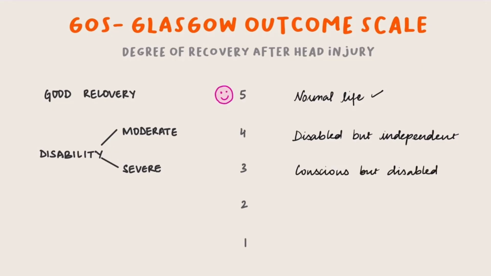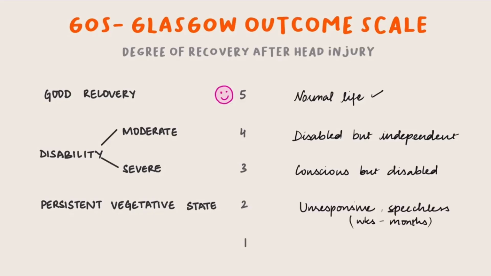We'd give a score of 2 to a person who is in persistent vegetative state. They are a comatose patient and they're unconscious, speechless, and this may last for weeks or months, sometimes even years. The worst outcome on the Glasgow outcome scale is given a score of 1, and that is death.